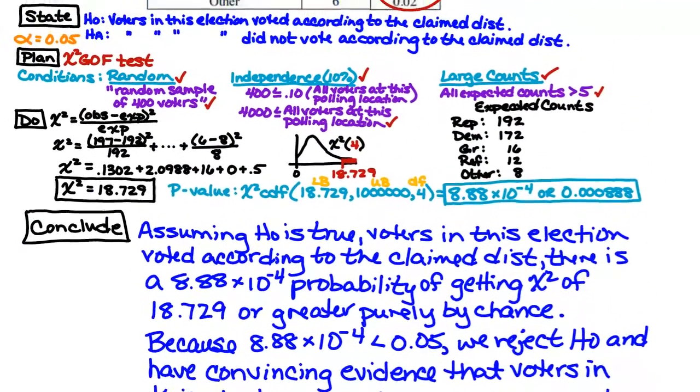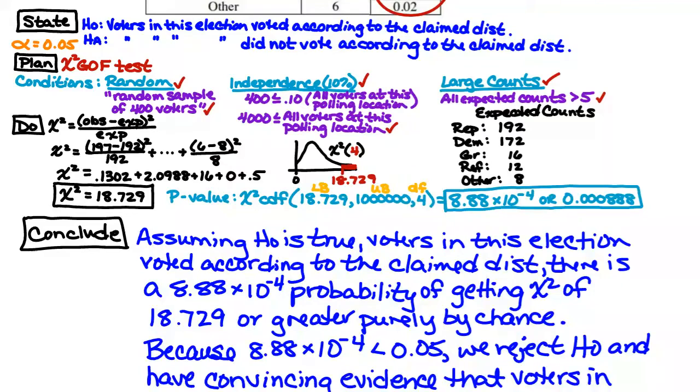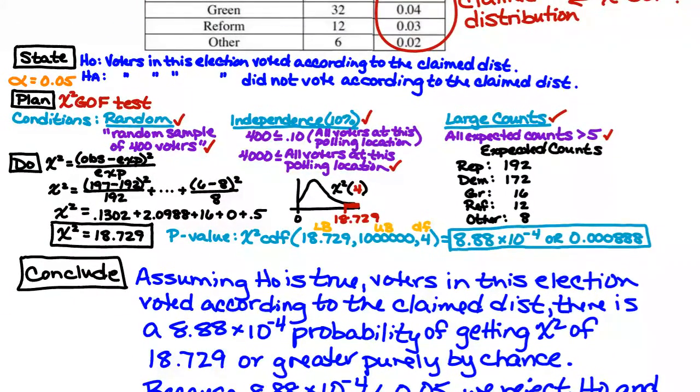So let's scroll back up and look. That was the third component, which would mean what? The Green Party. Let's go see how many people actually voted for the Green Party.